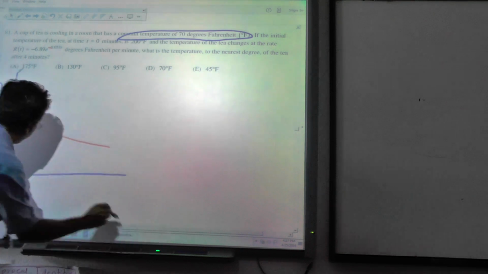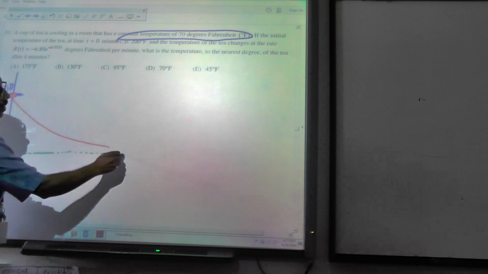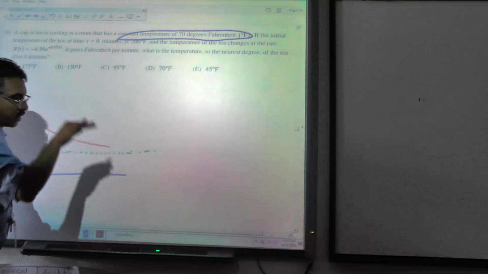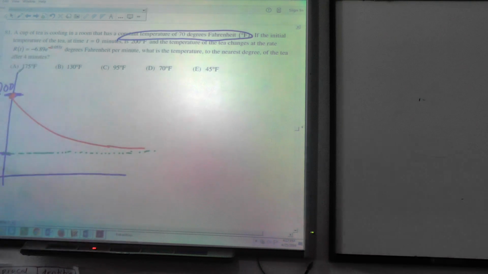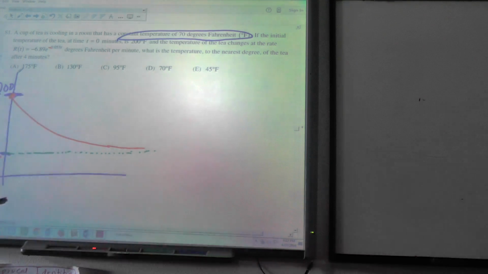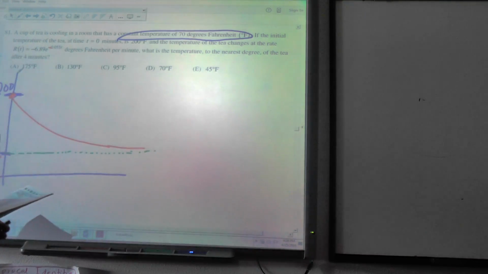And one thing is clear, there is a horizontal asymptote where finally the coffee temperature can come as close as 70 degrees, the room temperature. Now all this is not required, but what is important is how to apply the formula.